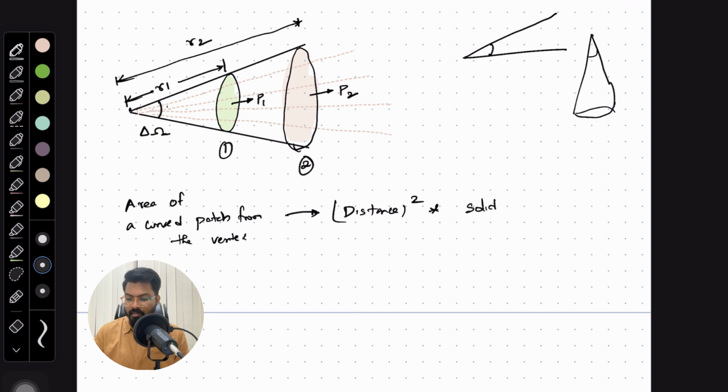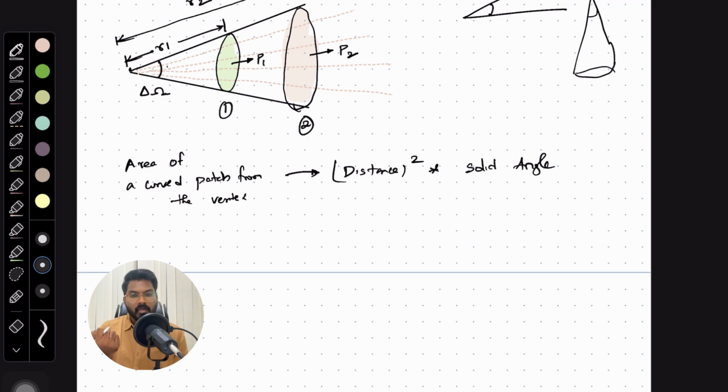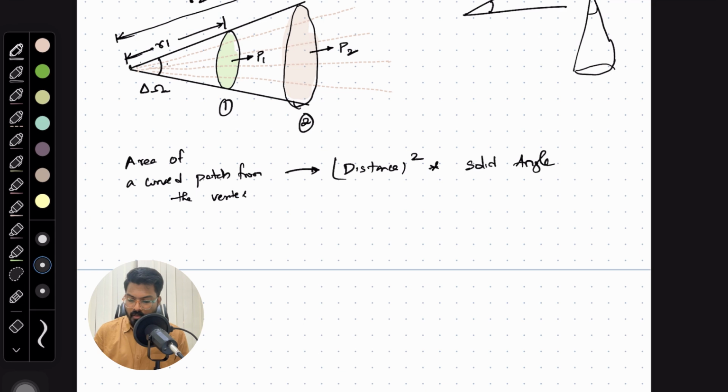We can find the number of lines that will be cutting that unit area, right? So we have the area here. I want to count how many lines would cut that area. Okay, now let's say the total number of lines, the electric lines of force, is N.